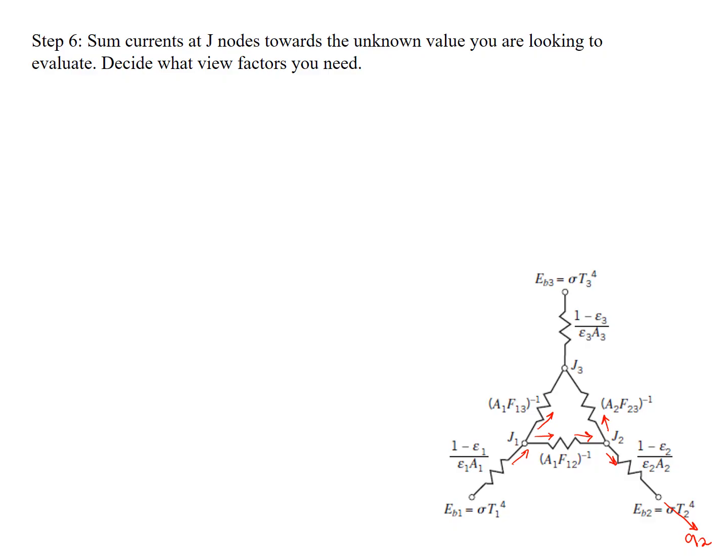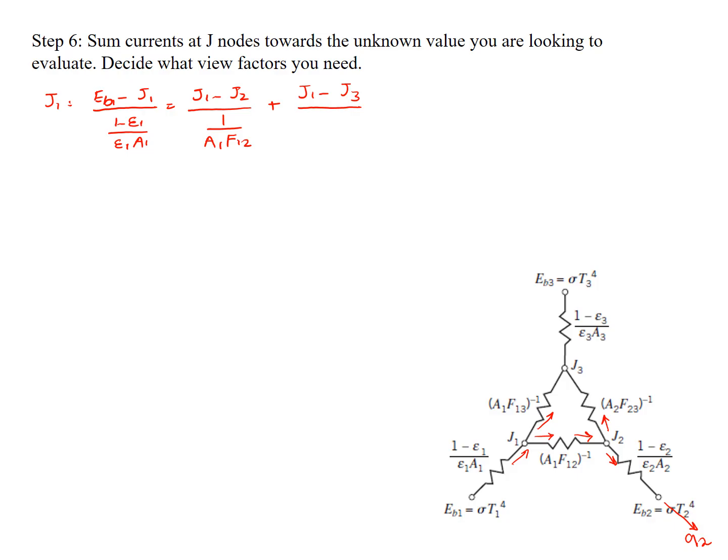So let's write the sum of the currents that get into node 1, or J1. For J1, I'll be able to say that (Eb1 minus J1) divided by the resistance in between those, which is (1 minus epsilon 1) divided by (epsilon 1 A1), is equal to, between J1 and J2, (J1 minus J2) over their resistance, which is 1 over A1 F12, plus J1 and J3, (J1 minus J3).